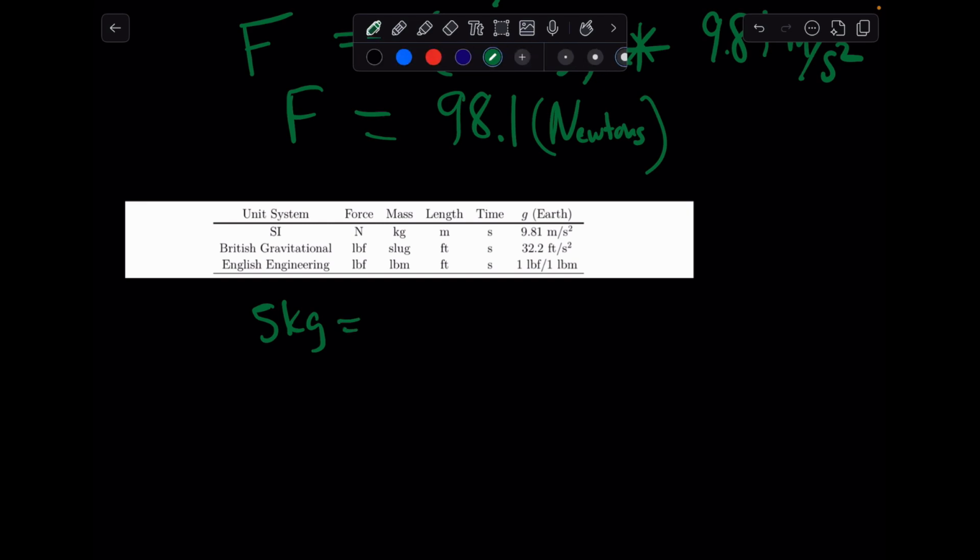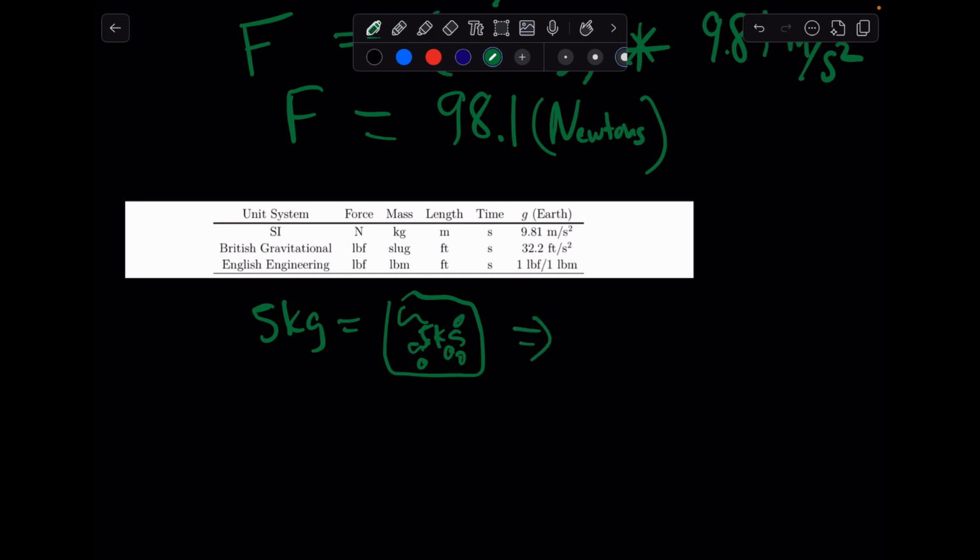We have this sack of potatoes, and it has a mass of 5 kg, right? And we're asked to find the force of the 5 kg acting on the Earth.